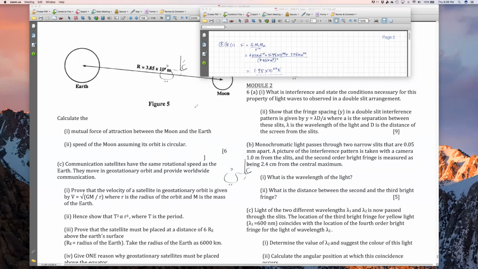The centripetal force is equal to m v squared over r, or it's also equal to m r omega squared. Sorry for the horrible writing. And that is the centripetal force. But in this case, for the gravitation, centripetal force is really equal to Fg.